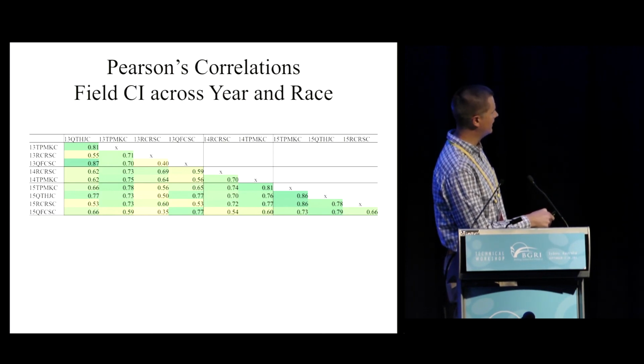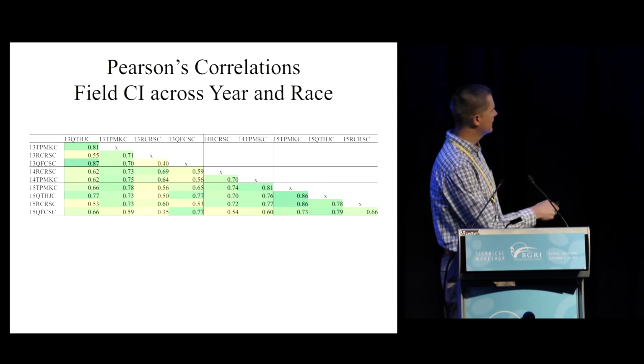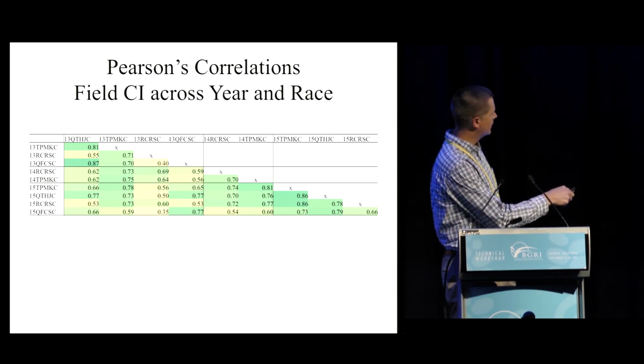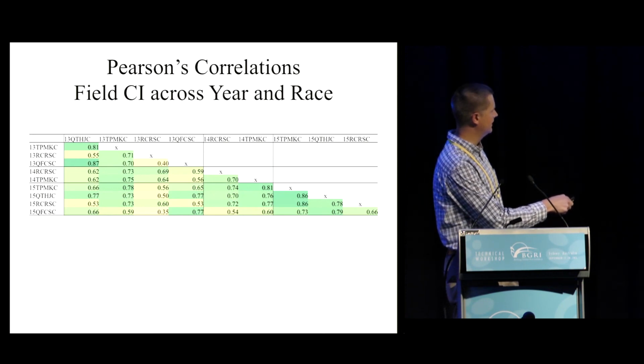And so the main point is that in any given year there were high correlations among the different coefficient of infections observed in the different nurseries. And then for example, race TPMK was highly correlated with race TPMK in 2014 and also with race TPMK in 2015.